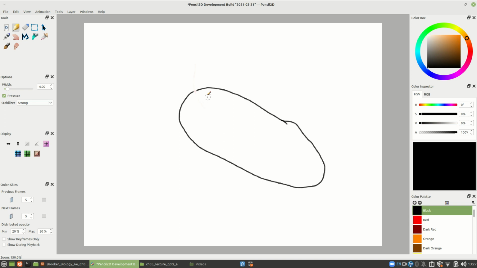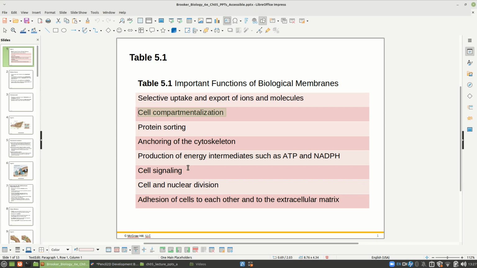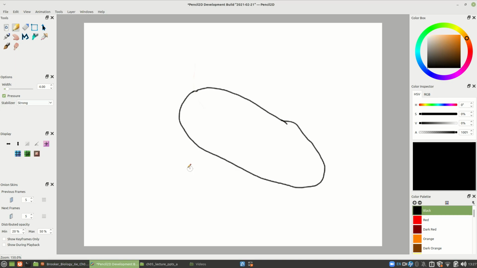So let's go back, and we will take our cell, and what we're going to do is, like I said, we are looking for cell compartmentalization. So this is something that a bacteria, if this is a bacteria, it doesn't have any compartmentalization.